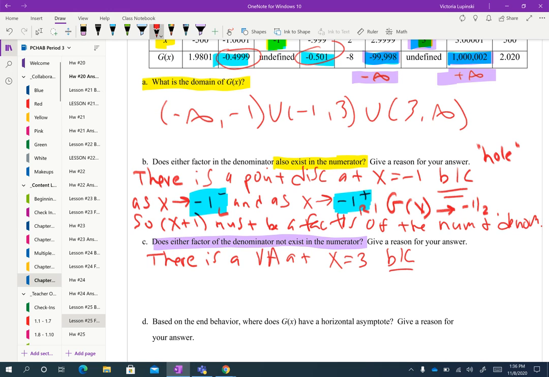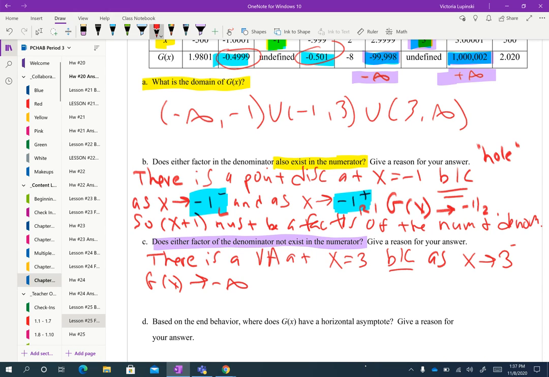because, and again, the because is important, as x goes to 3 from the negative side, g of x is going to negative infinity.